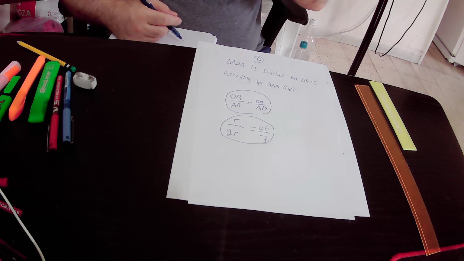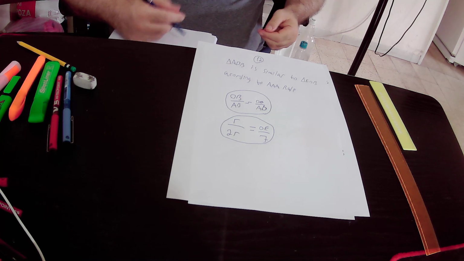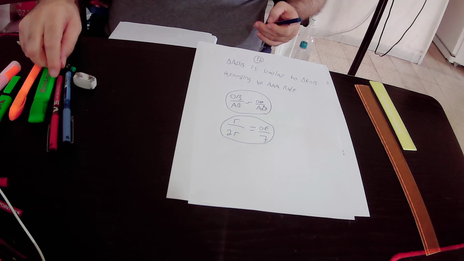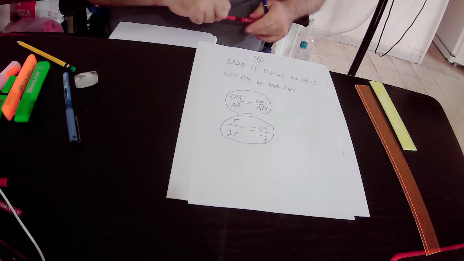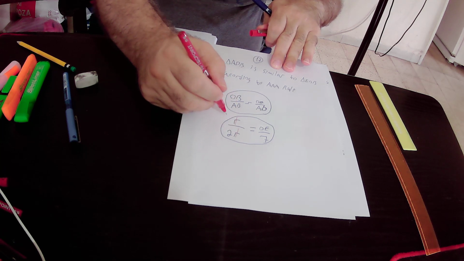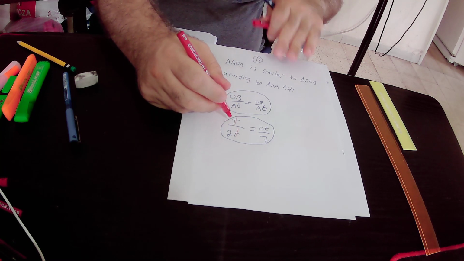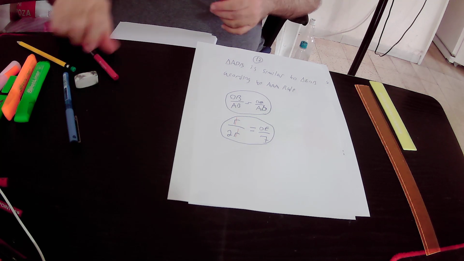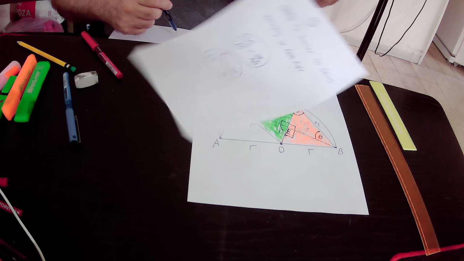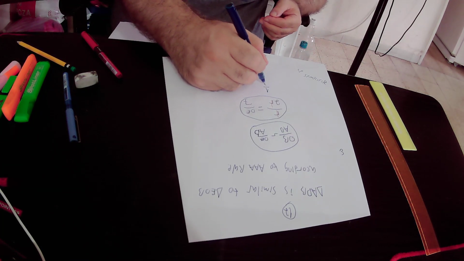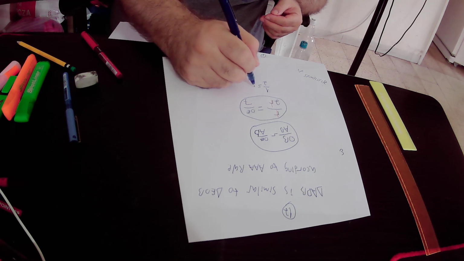R over 2R equals OE over 7. Here, R over R is 1, so R is cancelled, and we got 1 over 2. So 1 over 2 equals OE over 7.